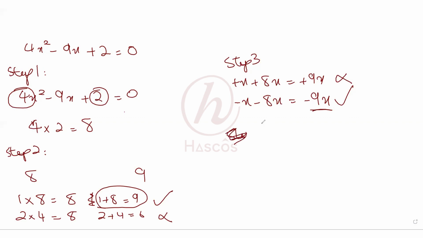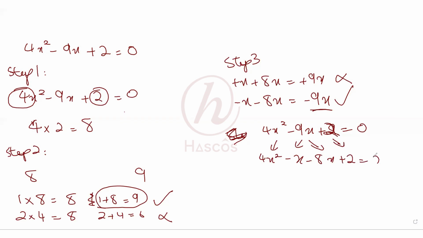And before going on to step 4, we're going to break down our middle term into its constituent elements. So plus 2 over here. A negative 9x is going to be broken down into a negative x and a negative 8x. Copy 4x squared. The positive 2 equals 0 gets copied as it is.